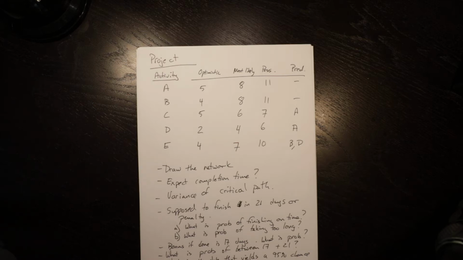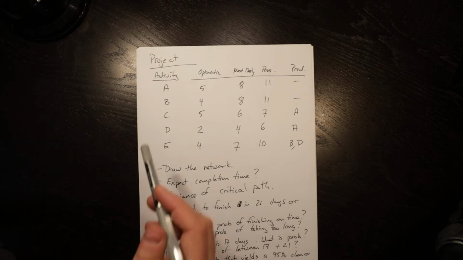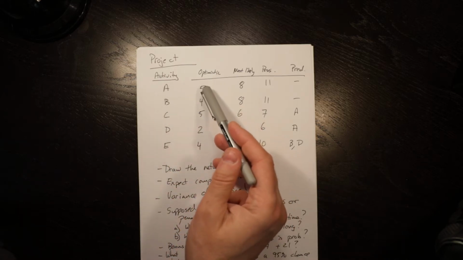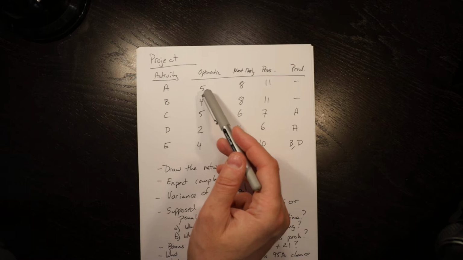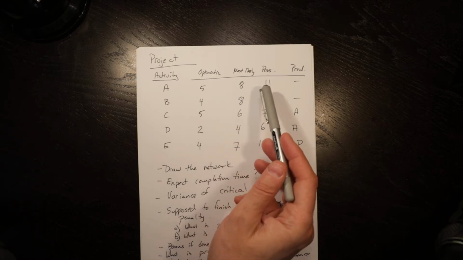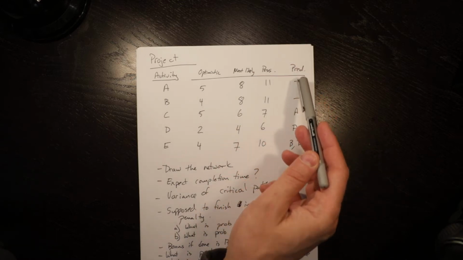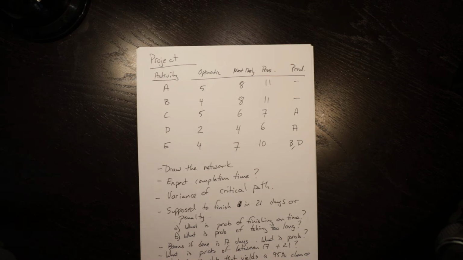It's not the only one, but it's the simplest one that most introductory operations management courses introduce. So we have 5 activities here. We have optimistic time for each activity, the most likely time for each activity, and a pessimistic time. And in addition, we get the precedence relationships, which we always need in order to complete the project network.